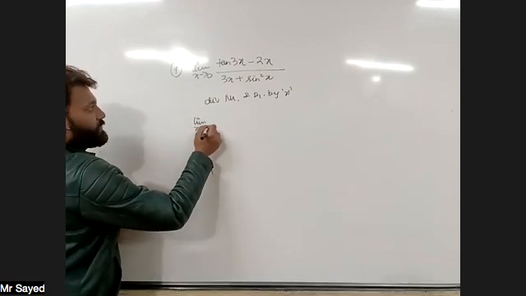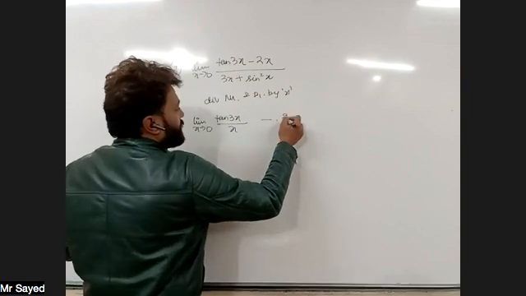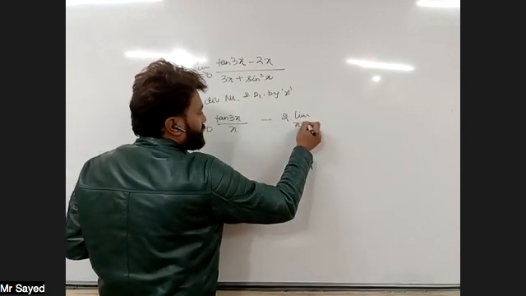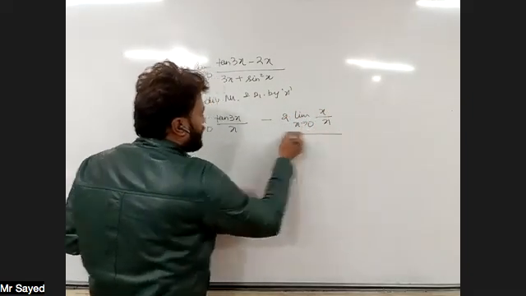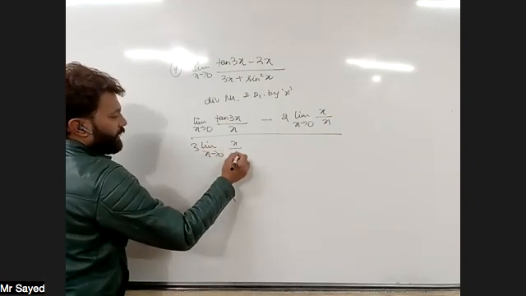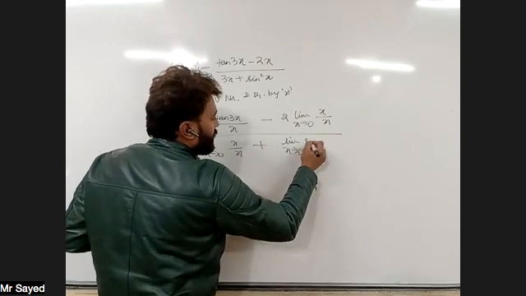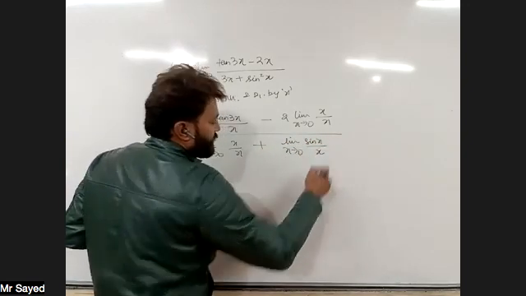Limit x tends to 0, tan 3x upon x, minus 2 outside, limit x tending to 0, x upon x, limit x tending to 0, 3 outside, x upon x, plus limit x tending to 0, sin x upon x. Is it clear?